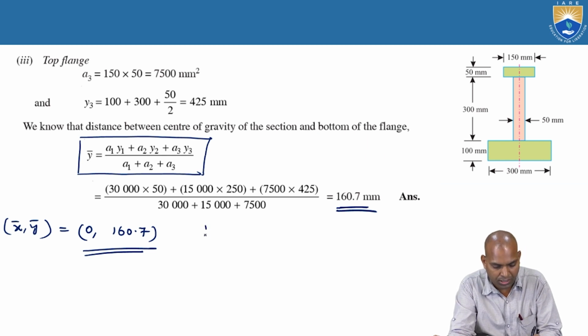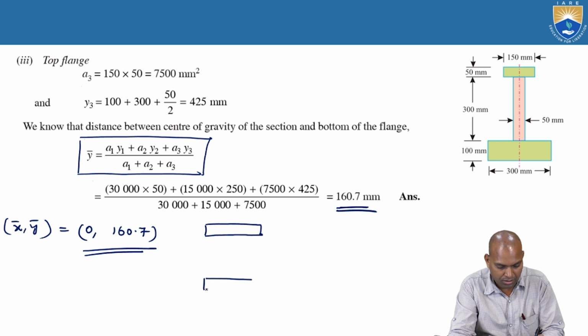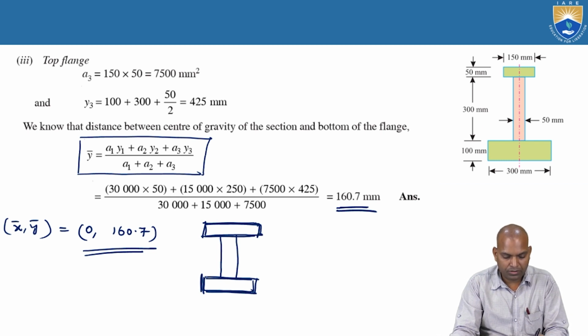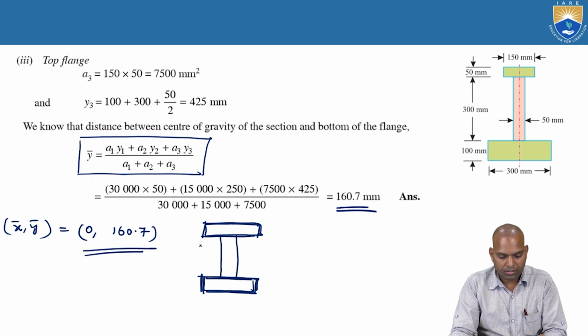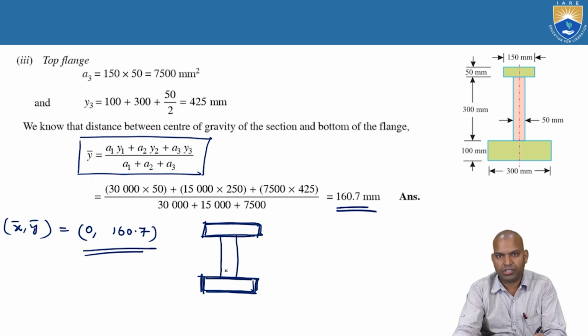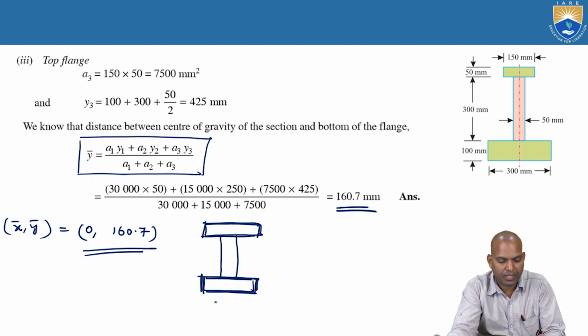Now, the question is what if the I section is symmetrical about both axis x and axis y. That means the bottom flange and the top flange both have equal cross section, and the area remains the same.